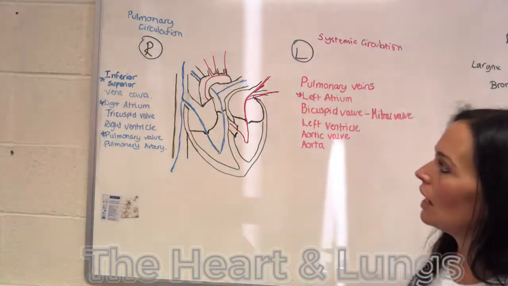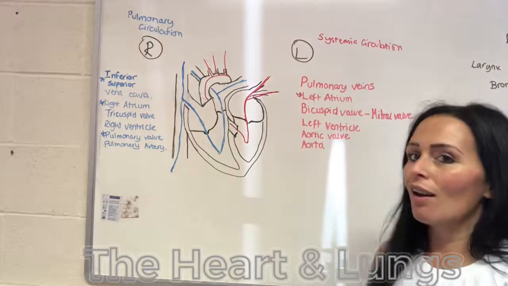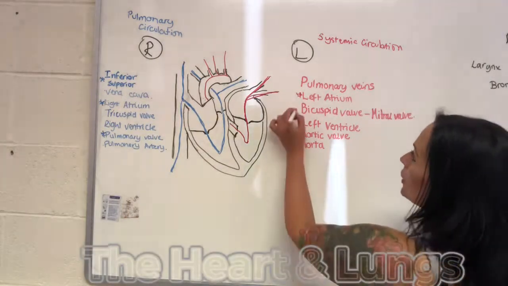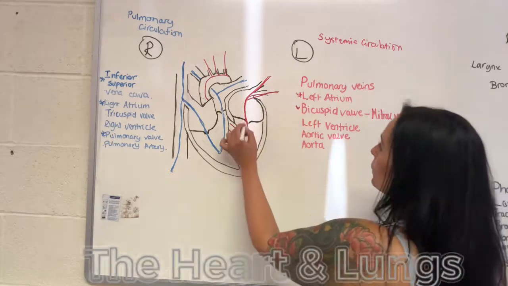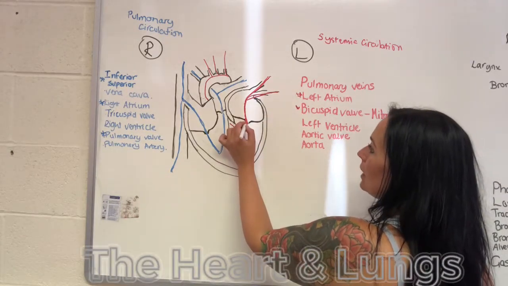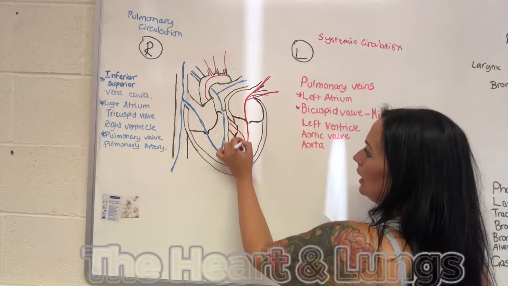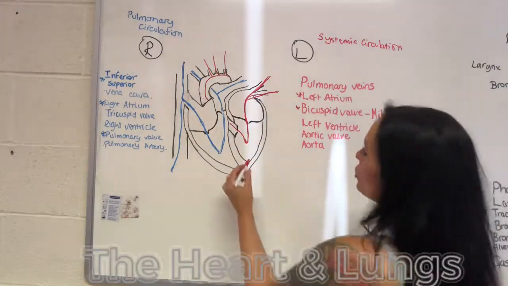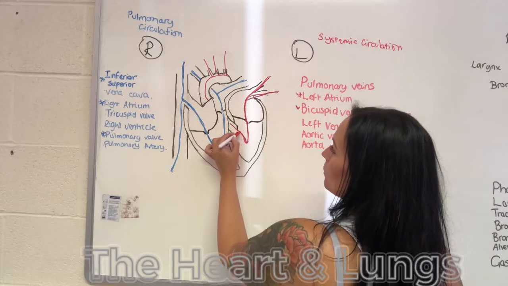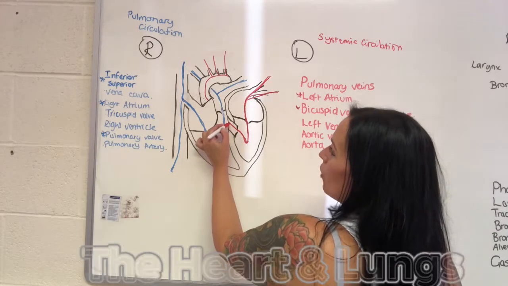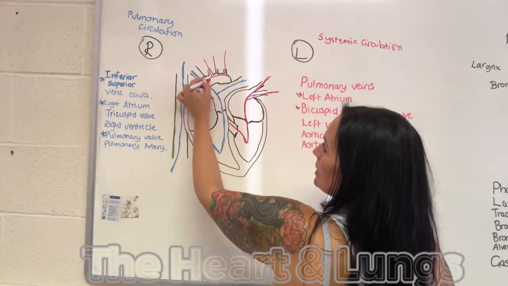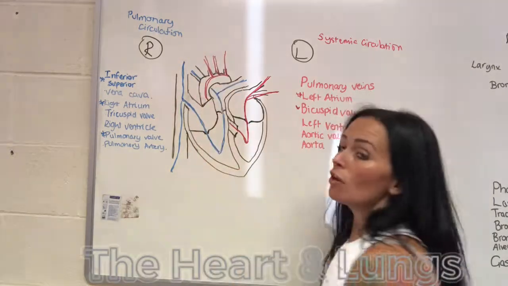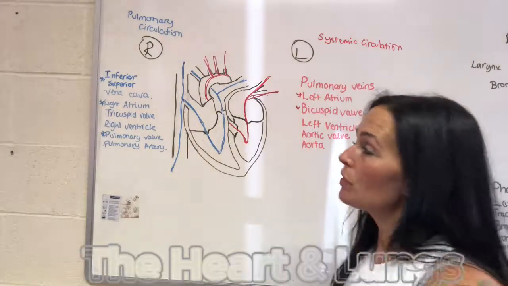It's also something that you need to try and let sink in, okay? So through the bicuspid valve into the left ventricle, into the belly on the left side. Then, again, as the heart pumps, it goes through the aortic valve here, which again is a semilunar valve, through here, into the aorta, and then out through to the rest of the body for the oxygenated blood to be used.